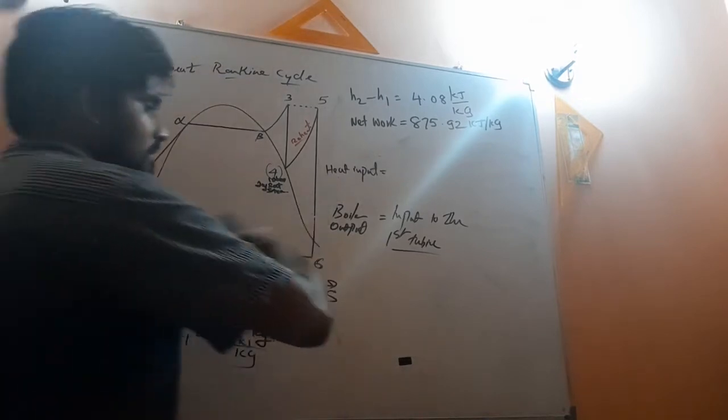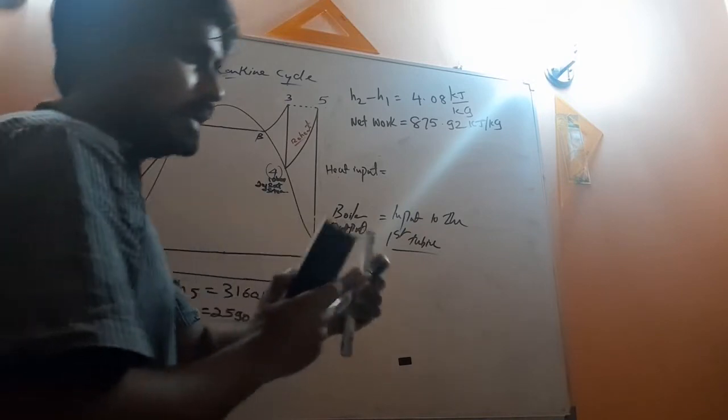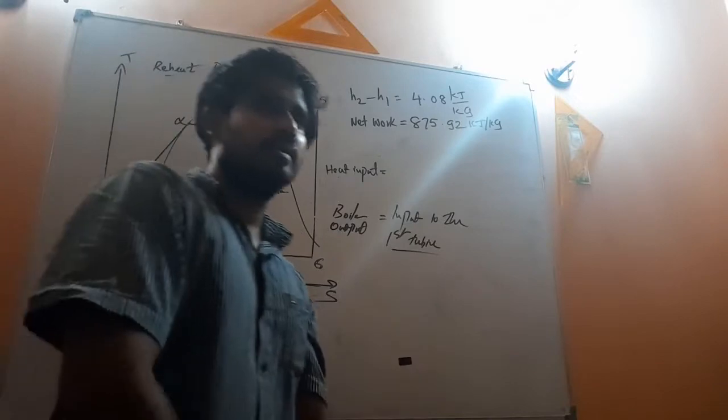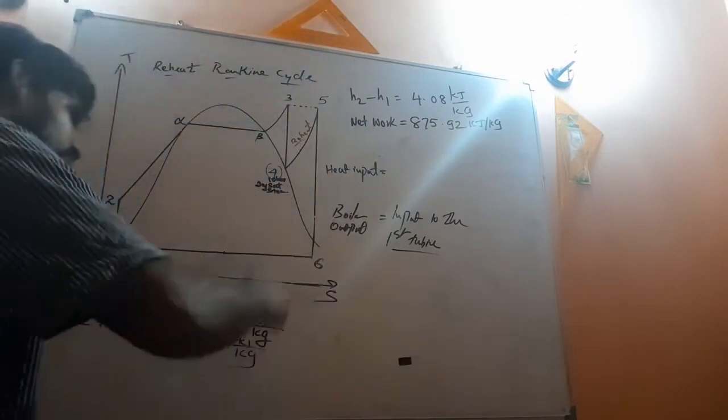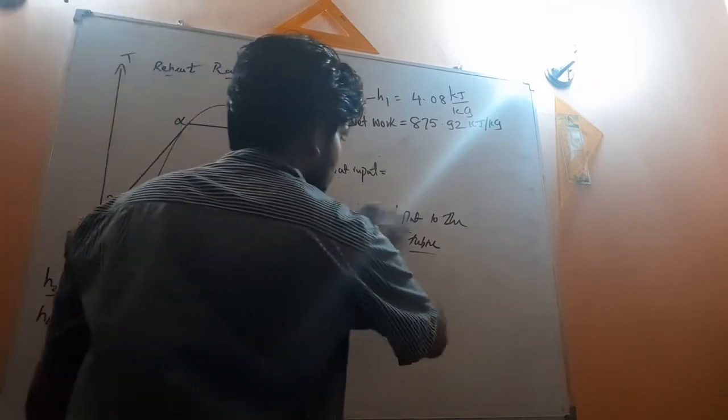Generally there must be some heat loss, because exactly what the boiler produces cannot be the input to the turbine. But according to this problem, you are going to consider boiler output as the input to the first turbine. Okay.